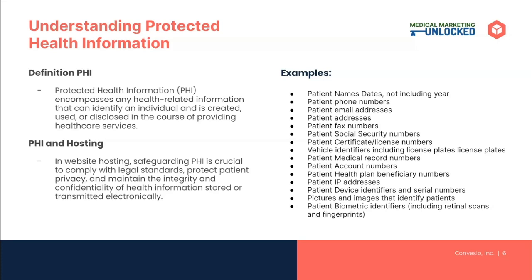It's all the same idea: what is your private information that is protected when you're interacting with a covered entity. And so here are some examples: names, phone numbers, email addresses, your social security number, account numbers, even, and Tom can go into this a little bit later, even your IP addresses. So there's a lot that we need to make sure that we are either not touching or that we're touching appropriately and put fences around our behavior.